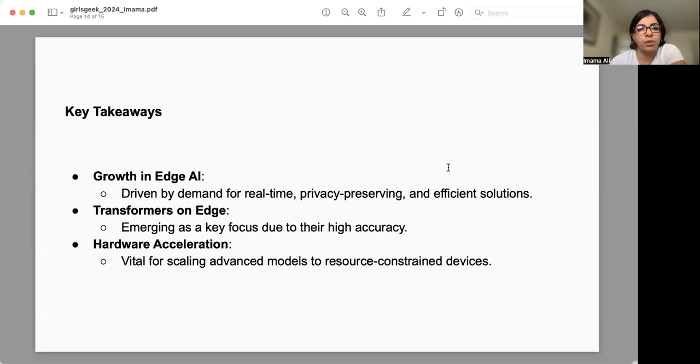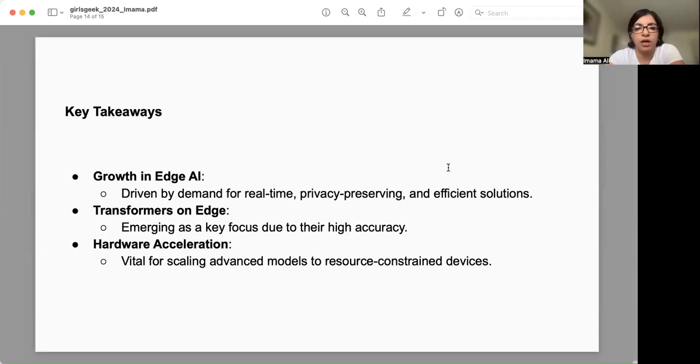And the key takeaways are basically that when people have a good model which has high accuracy in a centralized environment with high compute, people try to compress that model and deploy it on edge devices for more real-time applications.